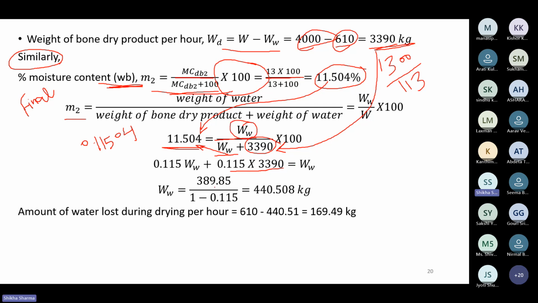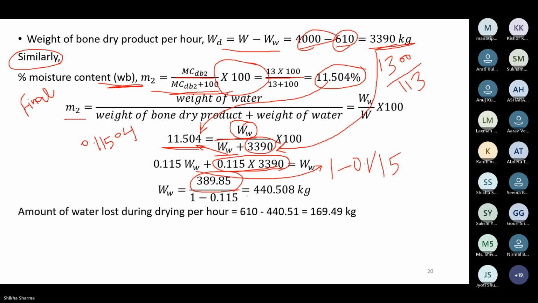So weight of the water is equal to this term, which is when we multiply 0.115 into 3390, then it will be 389.85 divided by, this is 1. So when we shift this, 1 minus 0.115, sorry, this will be 0.115.